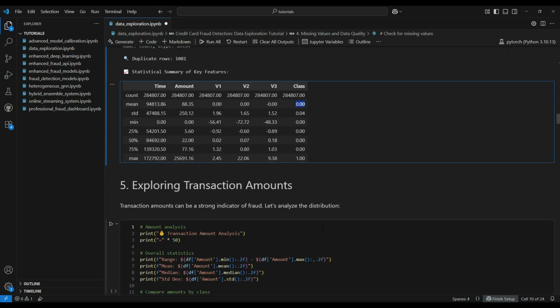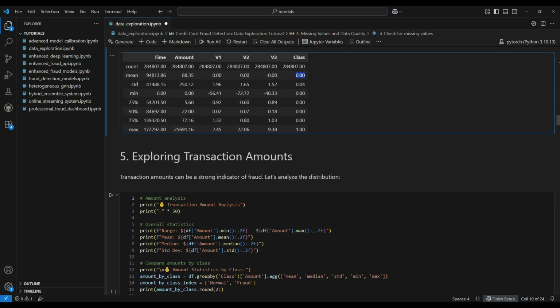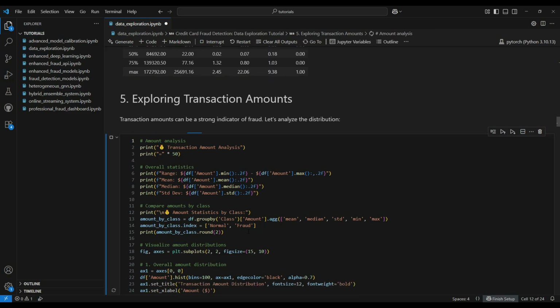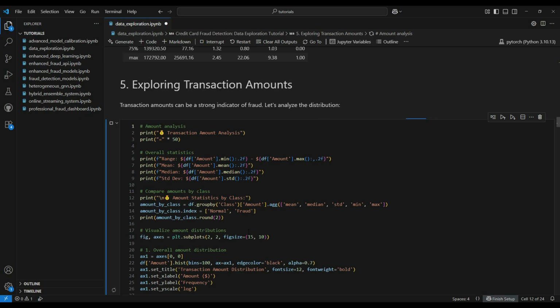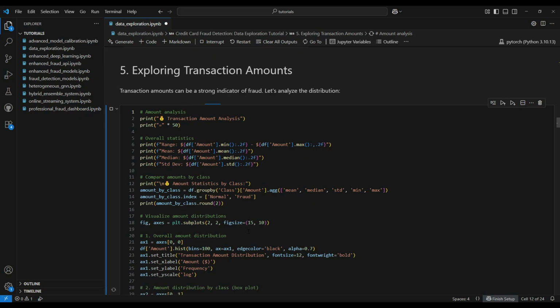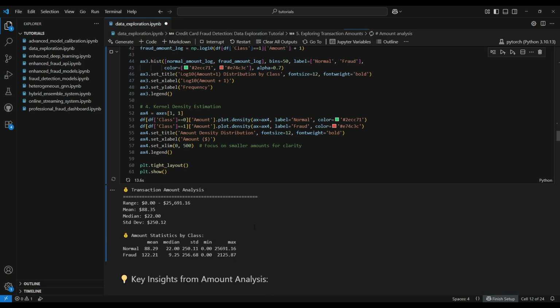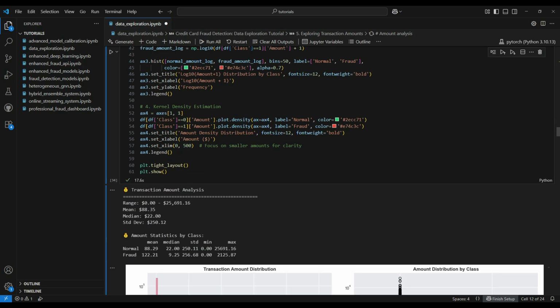Now let's look into the transaction amounts. So I'm calculating the statistics for transaction amounts overall and then comparing normal with fraud transactions. Then creating four different visualizations. So look at those statistics.